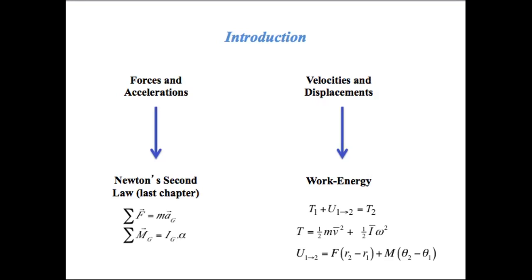In this chapter, we will use work and energy in rigid bodies, which is directly related to force, velocity, and displacement. And we are going to see how we find the work and kinetic energy in the rigid body.